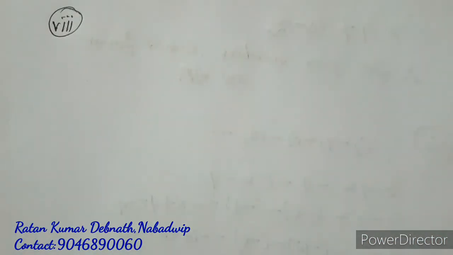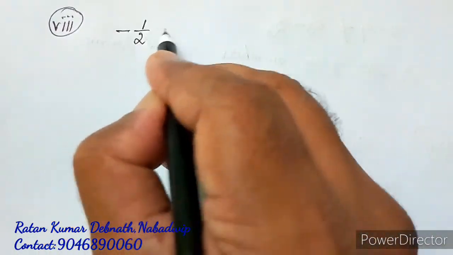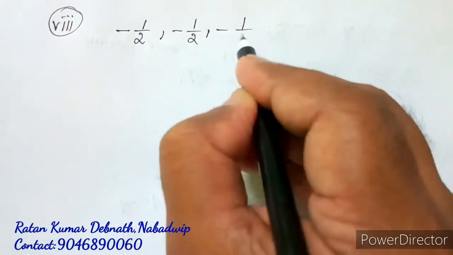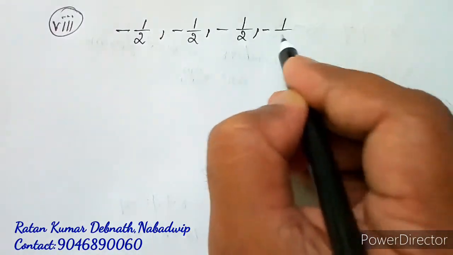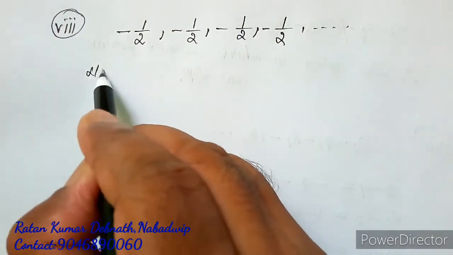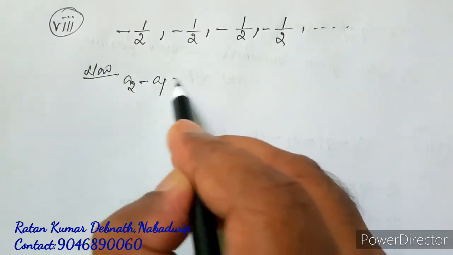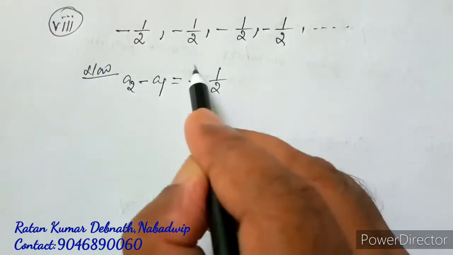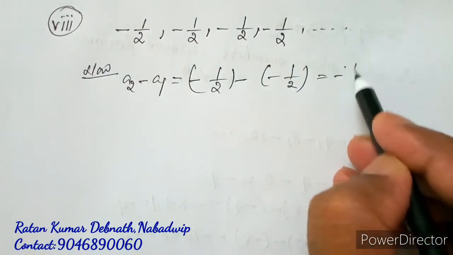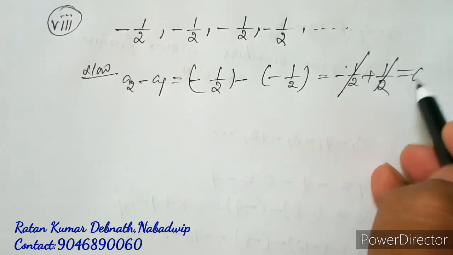Question number 8 of 4. The terms given here: minus half, minus half, minus half, minus half. Now a2 minus a1, second term minus first term, cancel, 0.